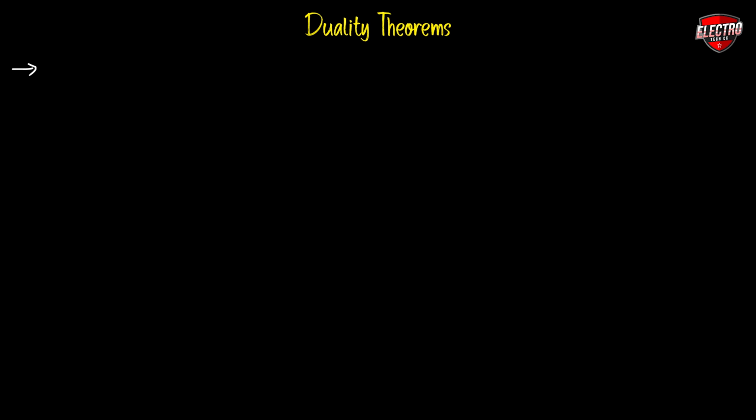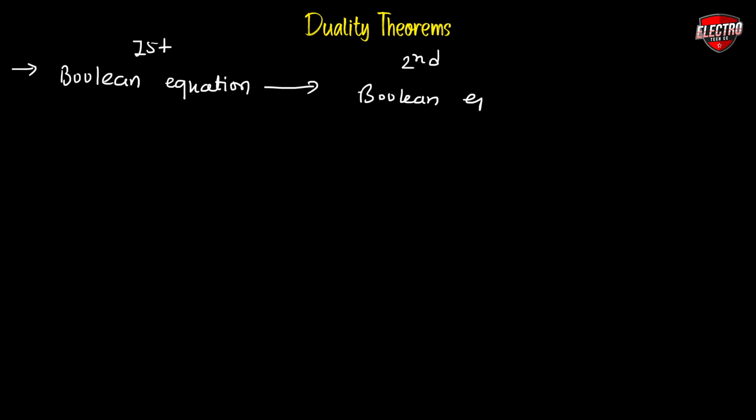The duality theorem says that if you have a Boolean relation or function or expression or equation, then you can convert that first Boolean equation into a second form of Boolean equation by, first thing, changing an or sign or operator to an and sign or operator.